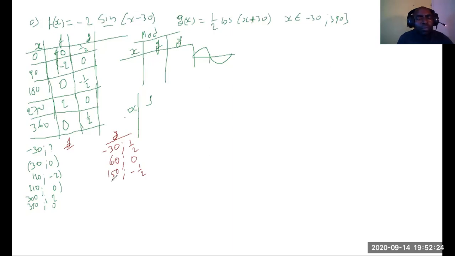150 would be minus a half. Then 240. 240 would be with a 0. Then 330. 330 would be the one with a half.